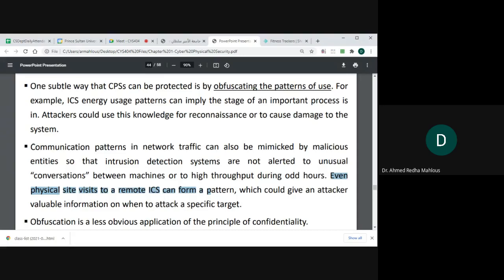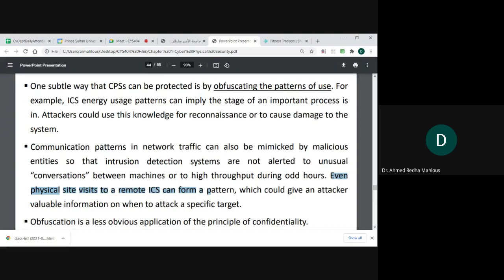Maybe an attacker monitoring the inspection of that machine wants to attack it, and he doesn't want to be there at the same time that guy is working on the machine. That means you are giving some type of information. It's like you are giving tips about the inspection pattern for that device. So instead of having the same day and the same time, with the same guy going to the same machine, you need to change that pattern.